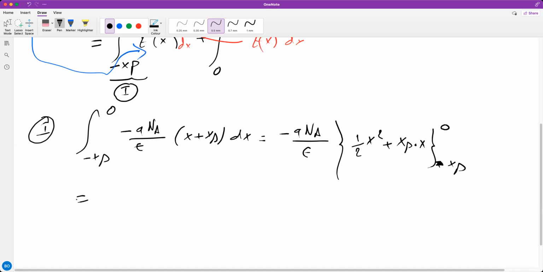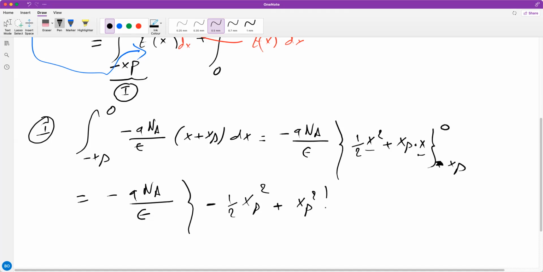So if I replace, it will give me minus qNA over epsilon. Well, at 0 it gives me 0, of course, because I have the x here and x here, minus 1/2 xp squared, and then minus, which is plus xp squared.